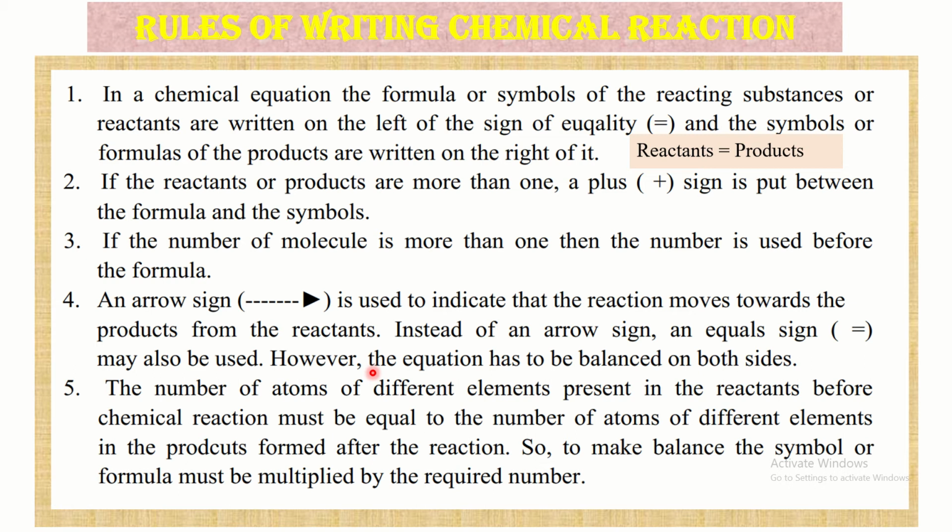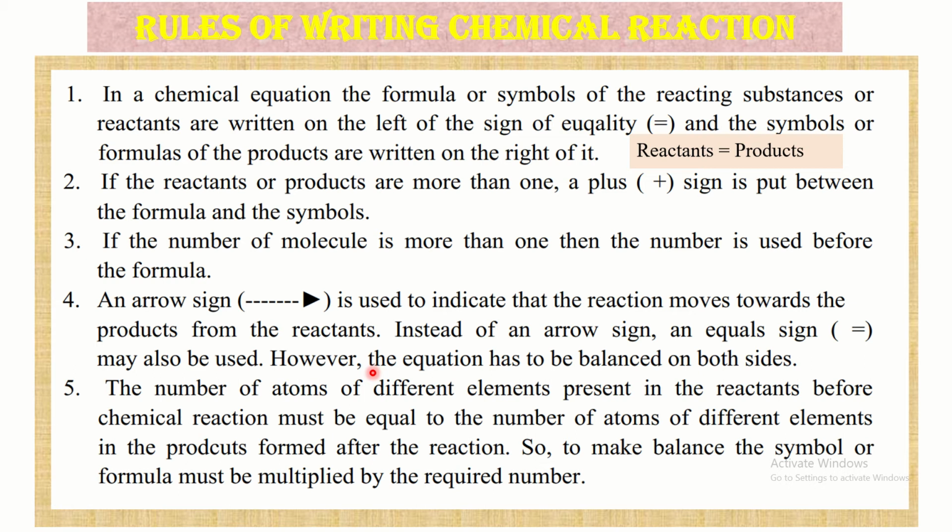In the first reaction, calcium carbonate was the reactant, but in the second reaction, calcium carbonate is the product. In the first reaction, the products are calcium oxide and carbon dioxide, but in the second reaction, calcium oxide and carbon dioxide are the reactants.